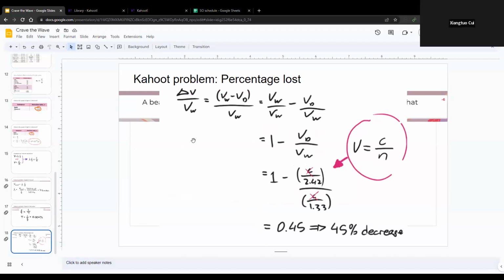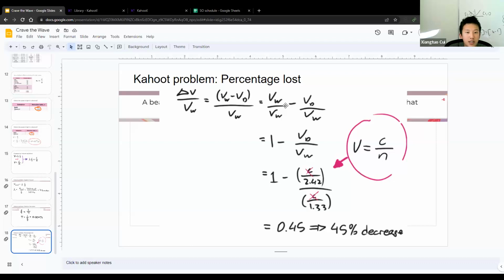And to find the percentage, we put the change in velocity delta V over the total initial velocity, which is the velocity of the water, or VW. Now we can keep expanding this. The change in velocity is just the speed of light in water subtracted by the speed of light in diamond.